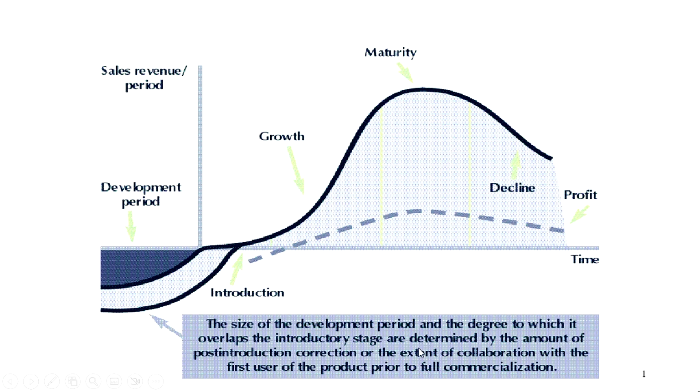So, you see here we have on the y axis the sales revenue per period or accumulated sales revenue over the period, and we have time on the x axis.